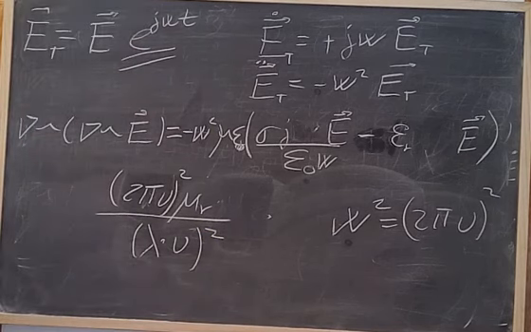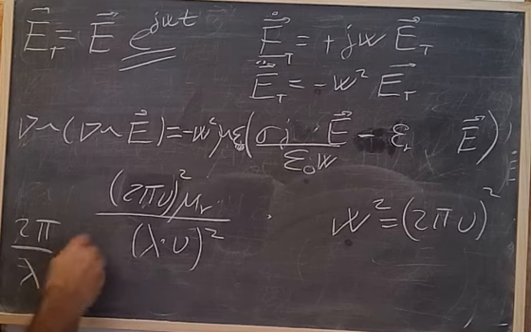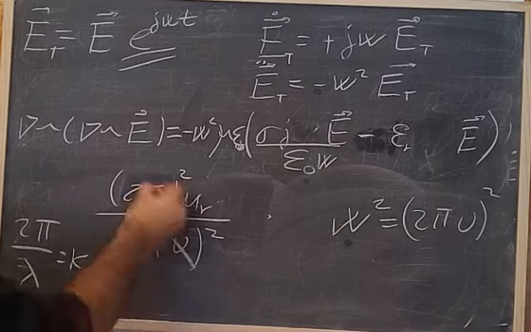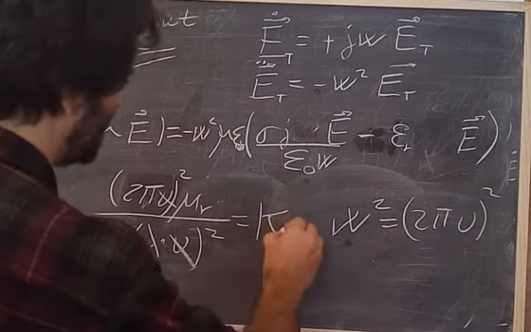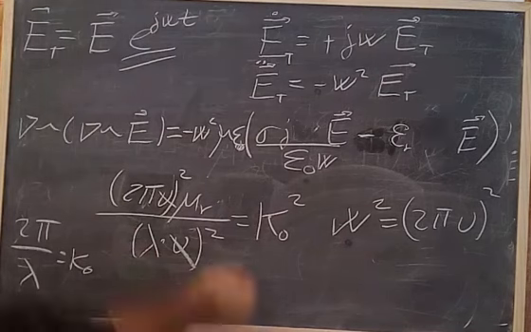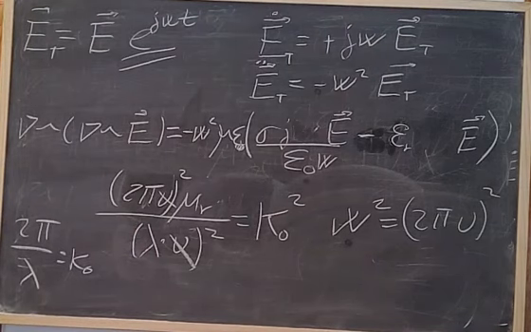So 2 pi over lambda is k0. At the end, this parameter disappears with this parameter, and I have this key, the wave number vector squared.